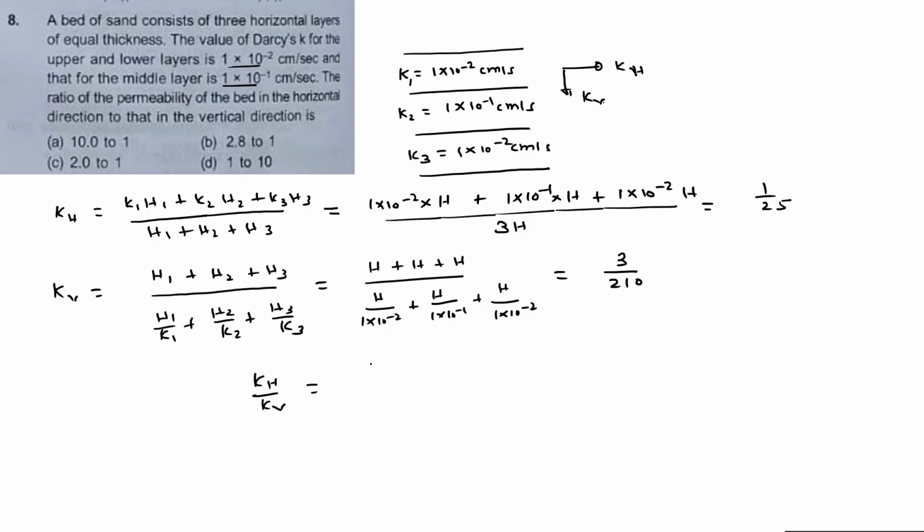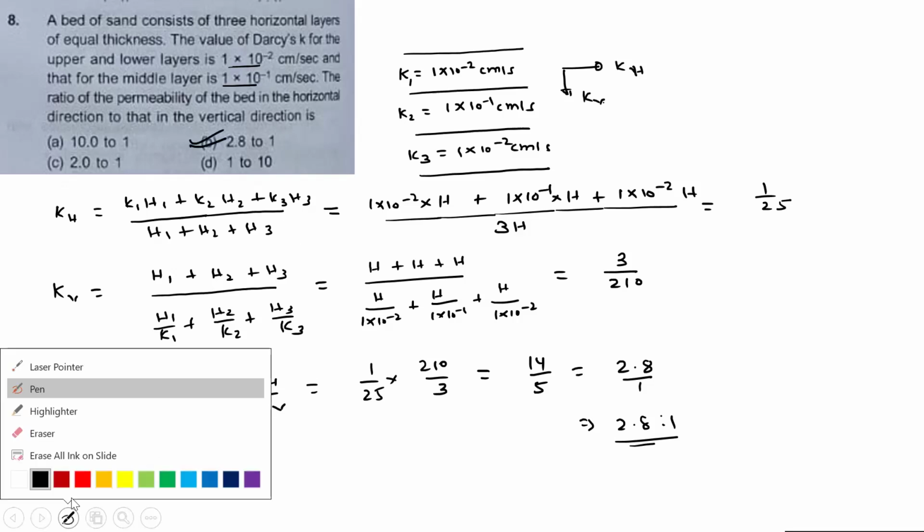Kh is 1 upon 25 into 210 by 3. Then this will be 14 by 5, which is 2.8. So 2.8 by 1, this is 2.8 is to 1. So B will be the answer for this question.